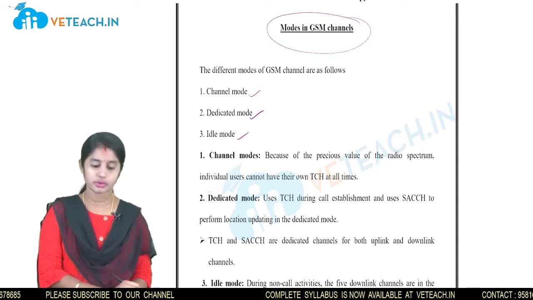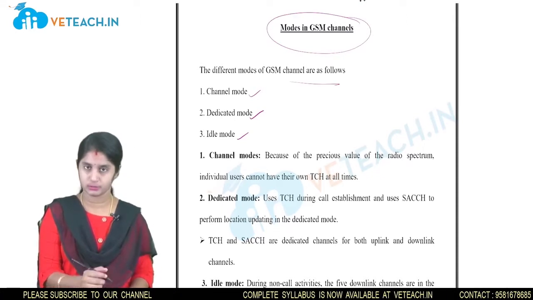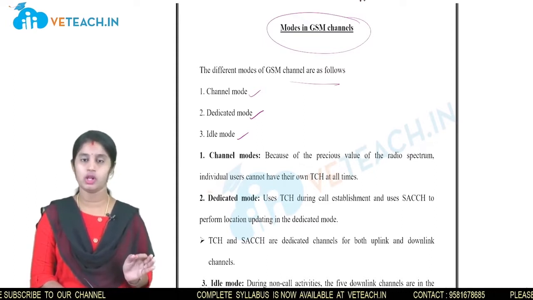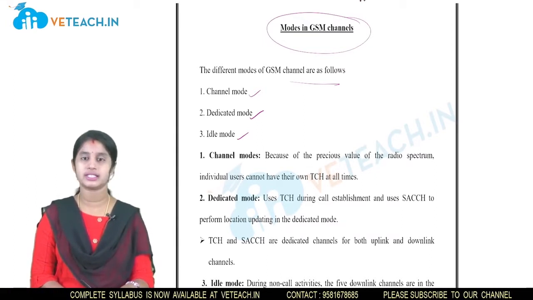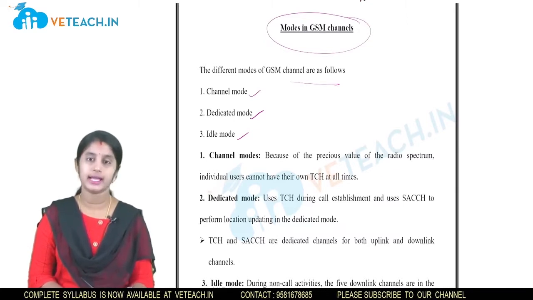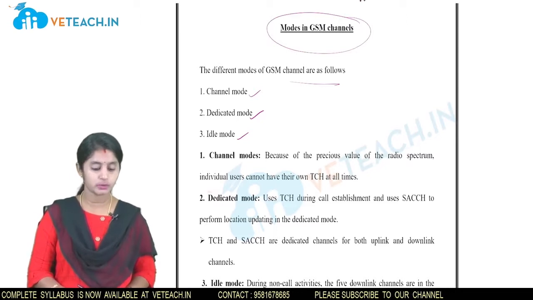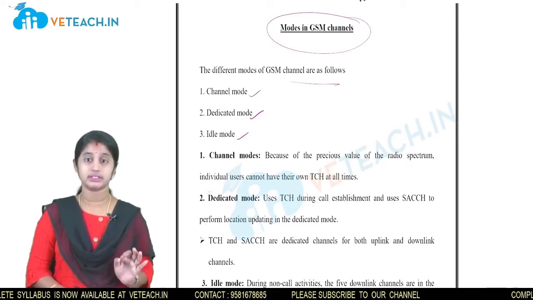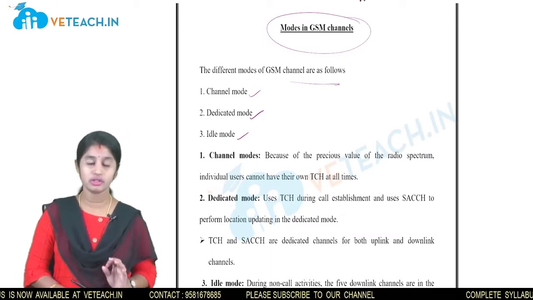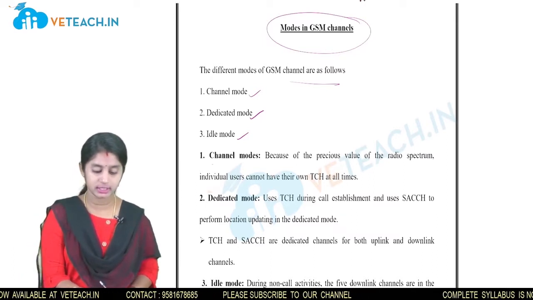Each mode is explained with a protocol. First we discuss the channel mode, second the dedicated mode, and third the idle mode. So the first one is channel mode.